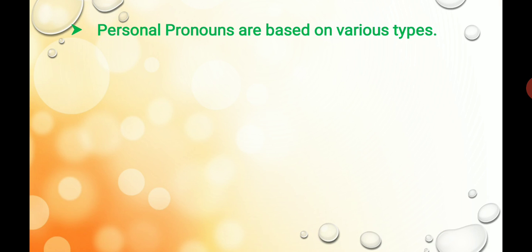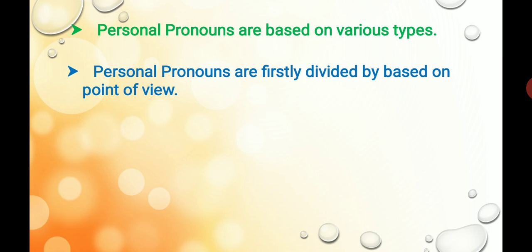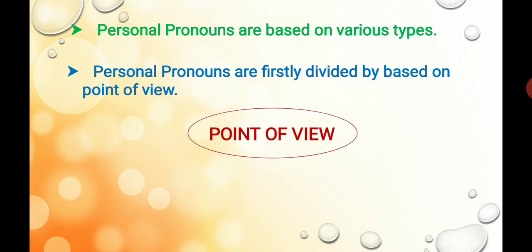Today we are going to learn only the first person. Before we learn about the grammatical first person, we learn more about the pronoun. Personal pronouns are based on various types. Which are they? The personal pronouns are firstly divided based on point of view. As I told you, in point of view, how many persons are there?